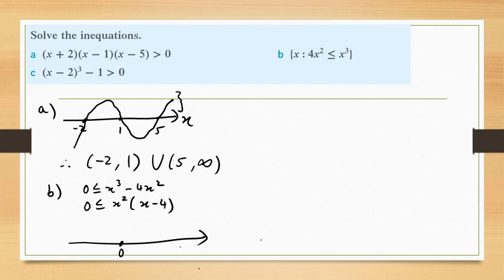And then we have an x minus 4, so the other intercept is at 4. This is a positive cubic again. If you rearrange it the other way, you actually get a negative. But it shouldn't matter in terms of what values you get. Now that says you want the graph to be greater than or equal to 0, which is this section. But because it's also equal to 0, we have to include the point where x is equal to 0.